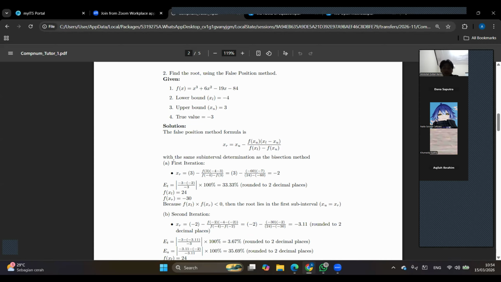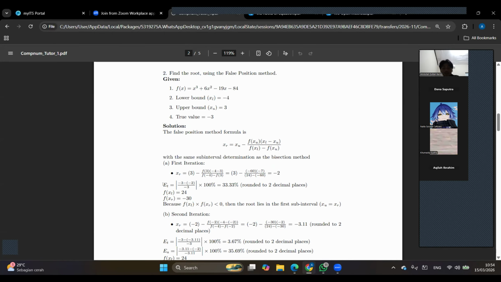Okay, for the first iteration, we are going to search for xr. We just substitute the xu and the xl into this formula, and then we search for the values of f(3), f(-4), and another f(3). Then we calculate this, and we get that xr equals minus 2.